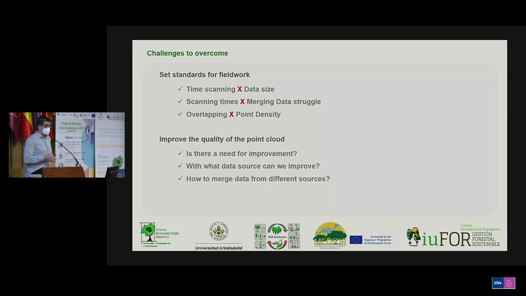And also about improving the quality, that's the idea of this paper. We have a mobile laser scan, and we are improving this data with airborne laser scan, and finding ways to process and get better data from this point cloud. It's also a challenge that I want to solve in my PhD.